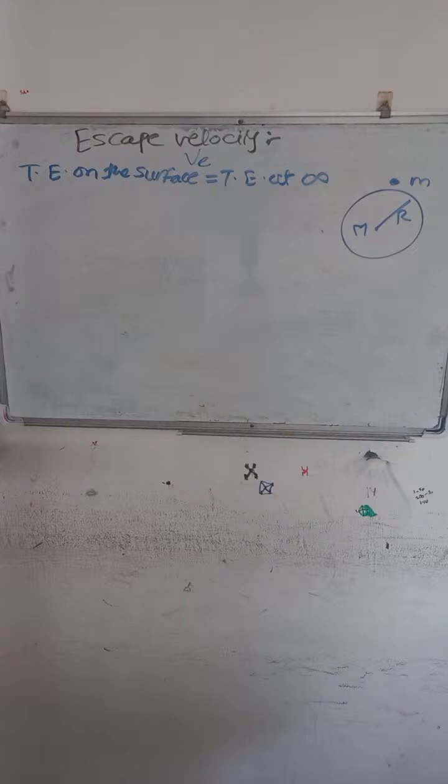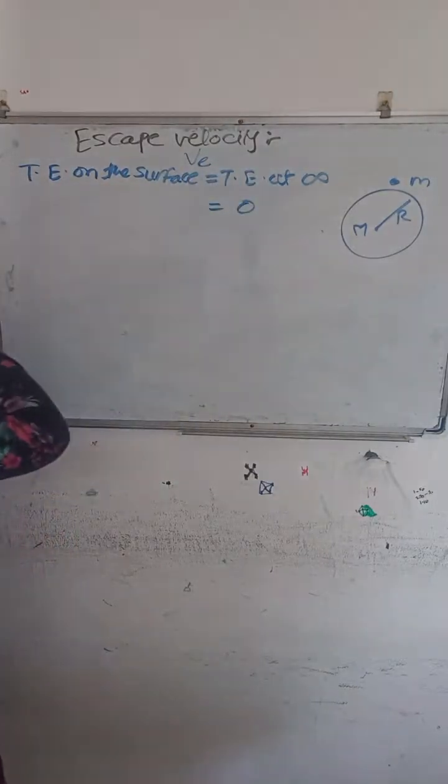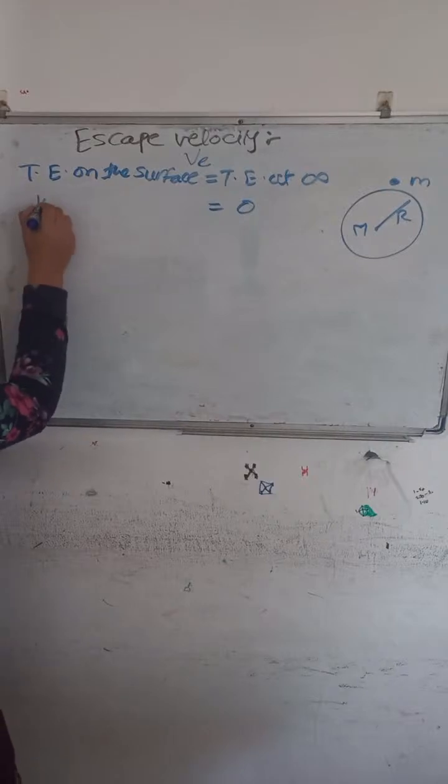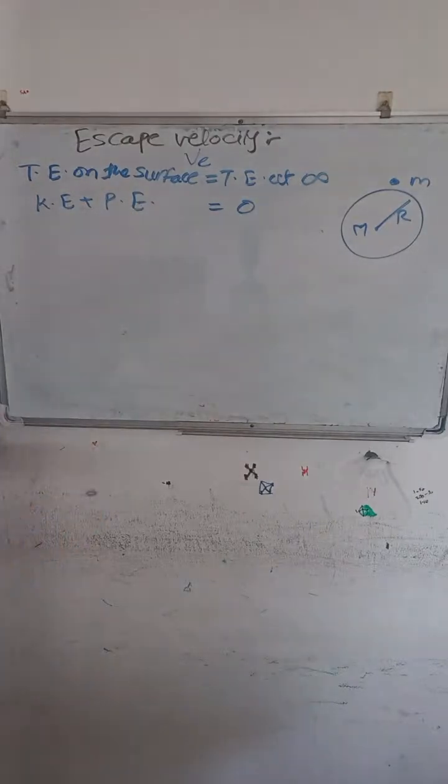We don't know about the total energy at infinity, so we are taking that as 0, and total energy is nothing but kinetic energy plus potential energy. This we know.